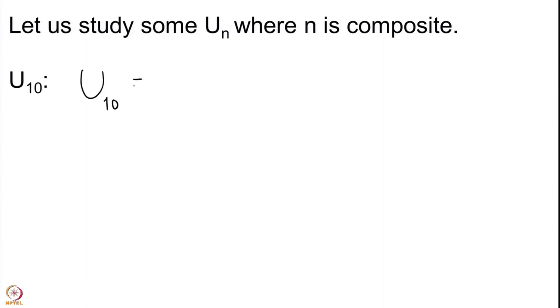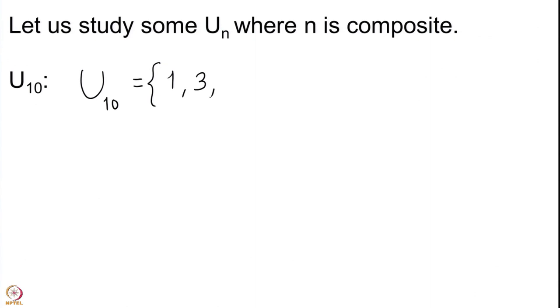So, in U10 we should not write the even elements, because 2 divides 10, but we should also make sure that 5 does not come. So, the only elements you have are 1, 3, 7 and 9.